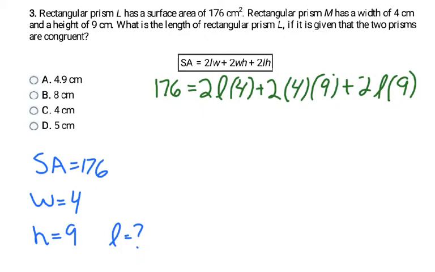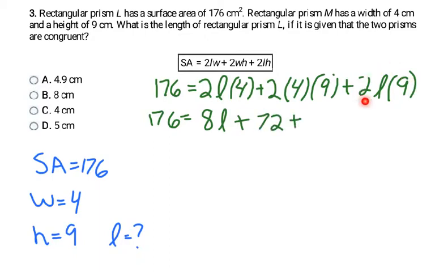Then I'm going to work out some of that multiplication to make it easier. There's nothing I can do with 176. Next, I look at this term. 2 times 4 is 8, so this is going to be 8L, plus, next I look at my next term. 2 times 4 is 8. 8 times 9 is 72.